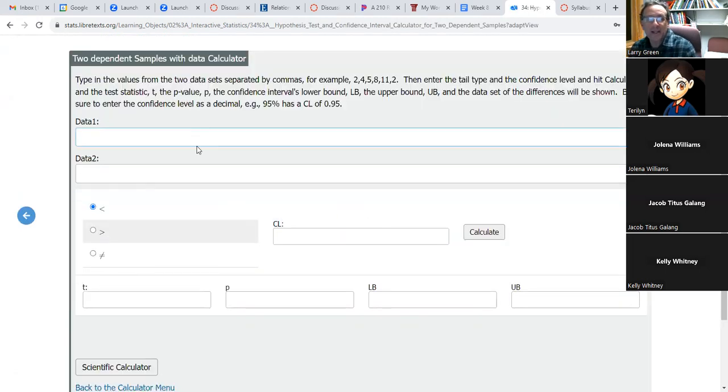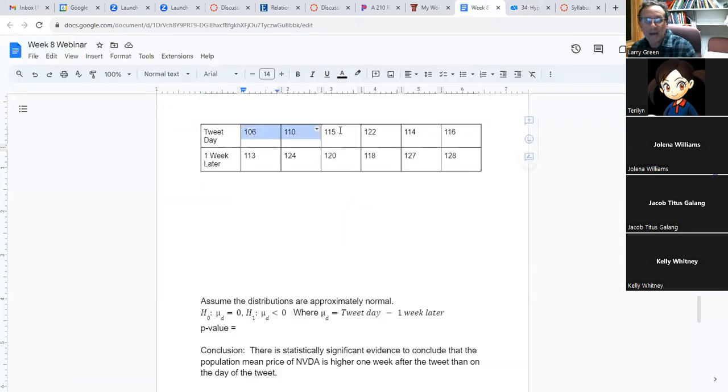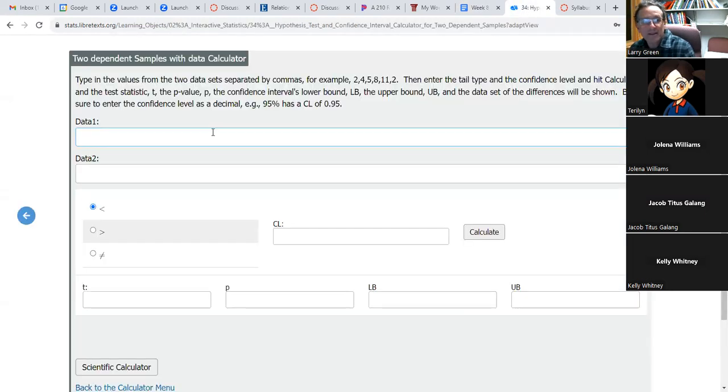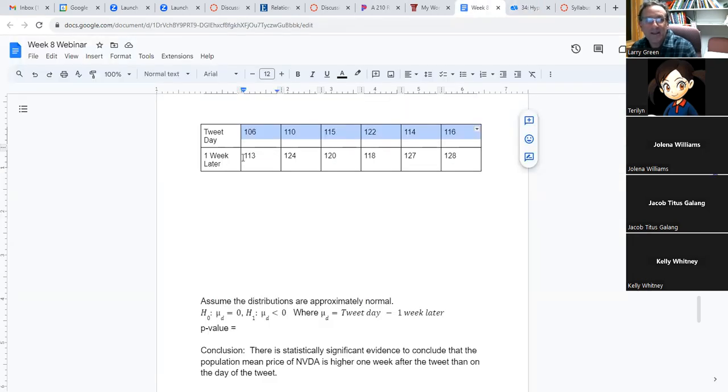So then it asks for data 1, data 2 separated by commas. And I can copy, and then I can paste. And when you do it from a table, it doesn't put the commas in, so I've got to put commas in. Comma, comma, comma, comma, comma. And then I do the same thing with the second row.